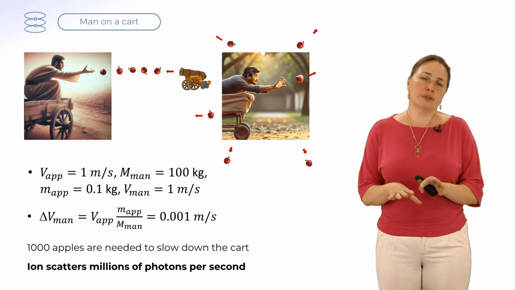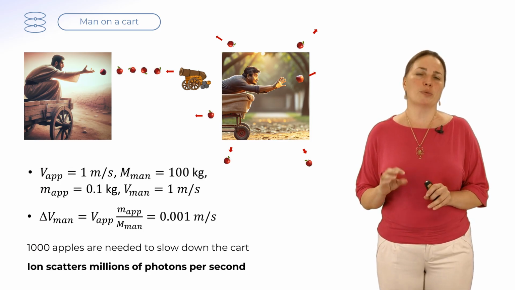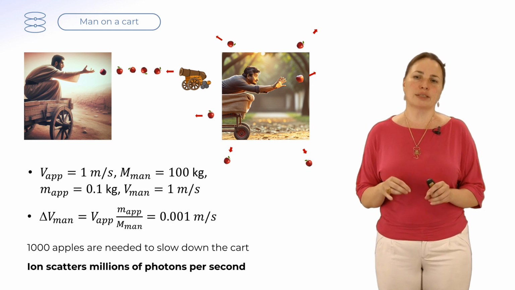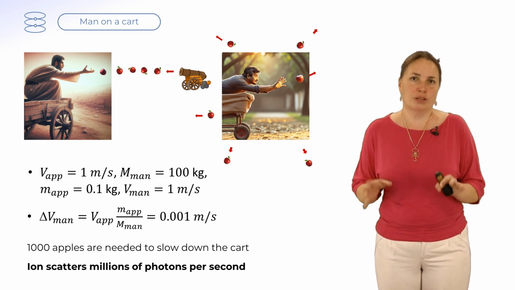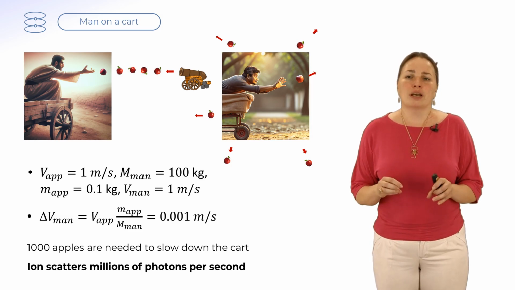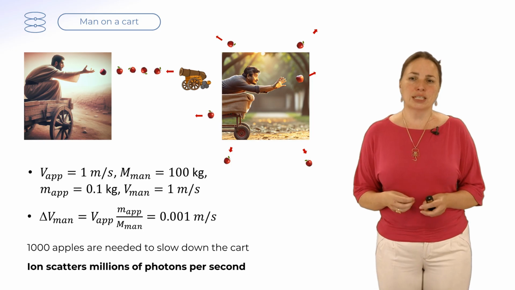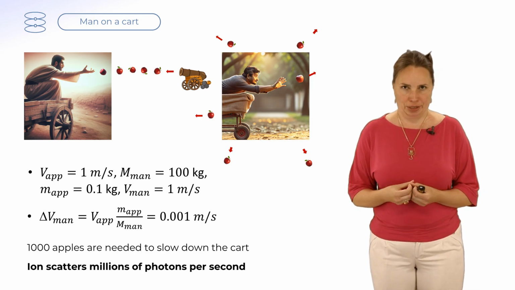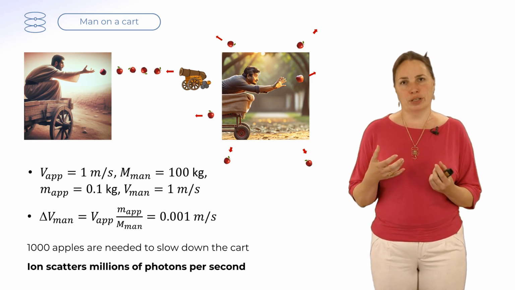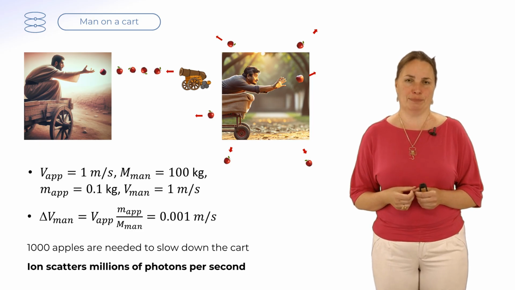So if we consider the velocity of the apple to be approximately 1 meter per second, the mass of the man about 100 kilos, the mass of the apple about 100 grams, and the cart has a velocity of 1 meter per second, then every act of catching an apple will change the velocity of the cart by 1/1000 of a meter per second.